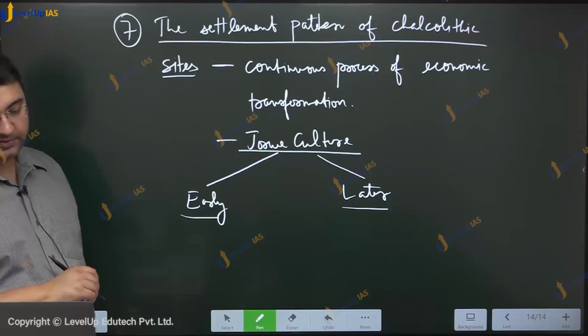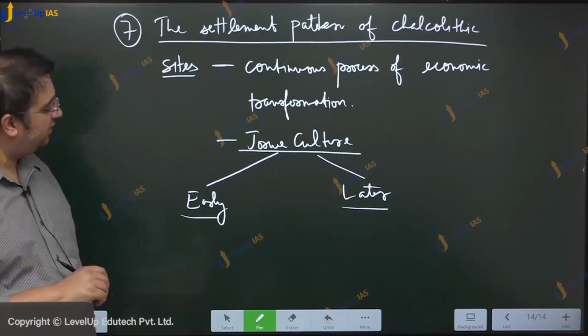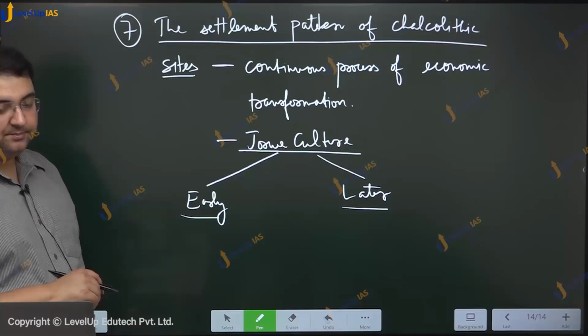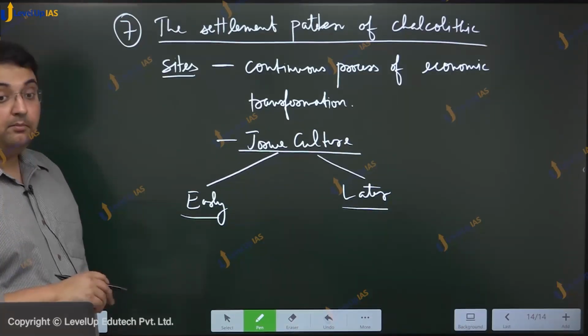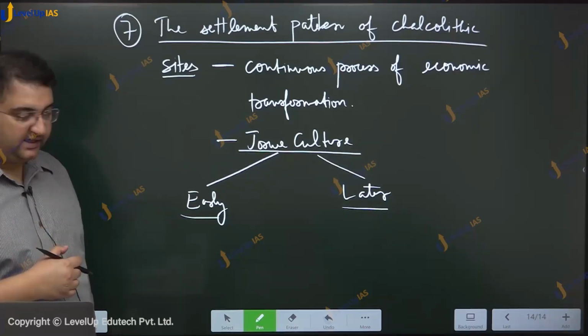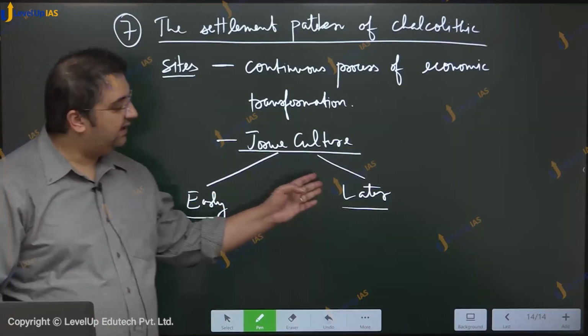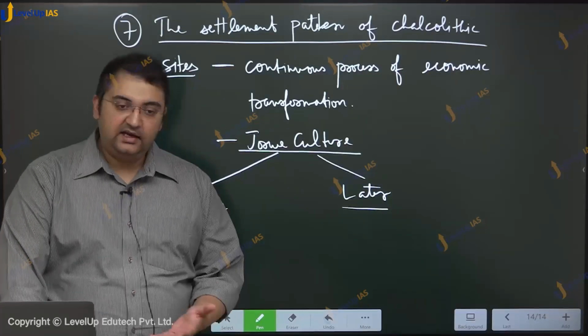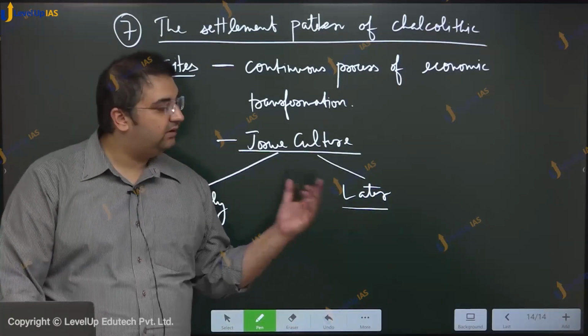During the early Jorwe period, what was the status of Inamgaon? It was a picture of prosperity or poverty? Prosperity, rising economic status. But during the later Jorwe period, poverty, increasing poverty. Write down.